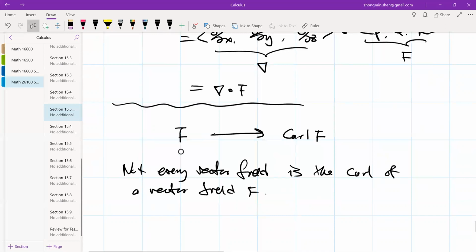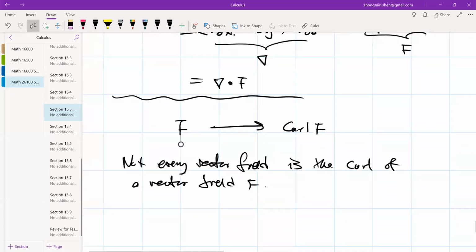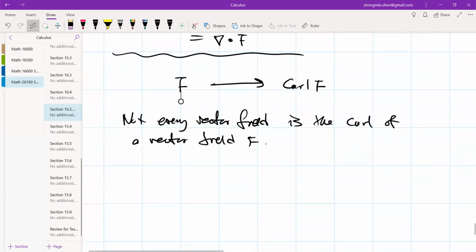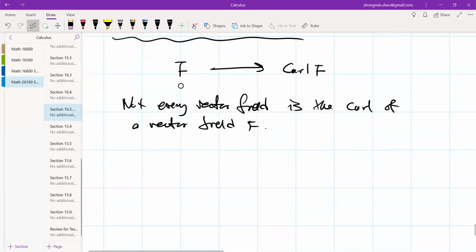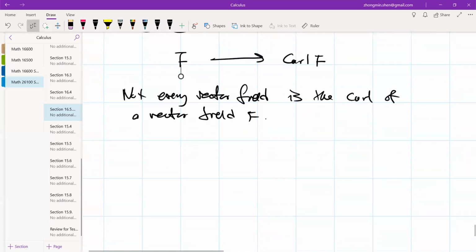Right, given a vector field, an arbitrary vector field, you get a curl of F. But those curls of F are special vector fields. They're not arbitrary. That means an arbitrary vector field is not necessarily the curl of some other vector field.